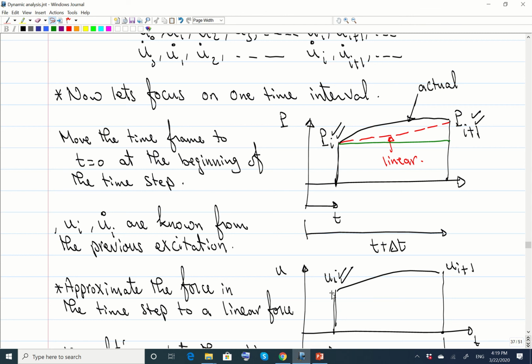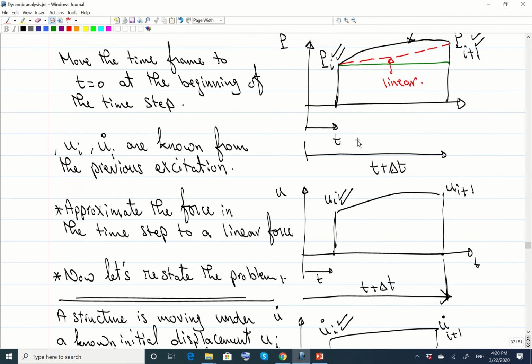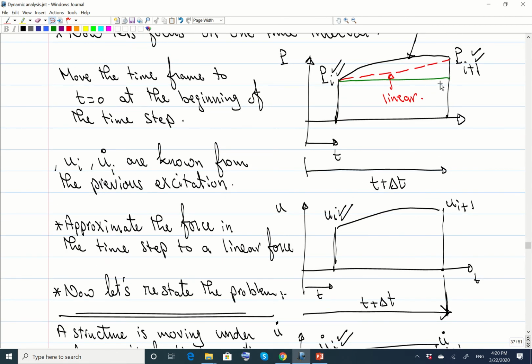If you know the starting amplitude of the displacement, u_i, you're just going to assume that there is a free vibration, so u_i will be multiplied by e to the power negative zeta omega n t, multiplied by cosine omega d t. And if you know the velocity at the beginning as well, you're going to multiply this by its factor. Then you add this to the effect of the constant force and the effect of a linearly varying force.